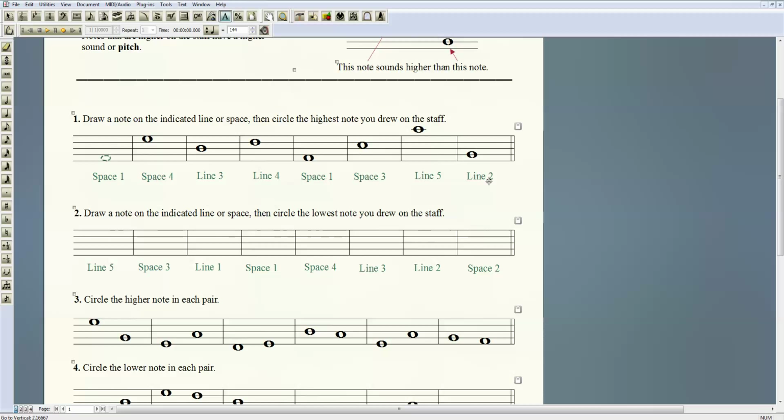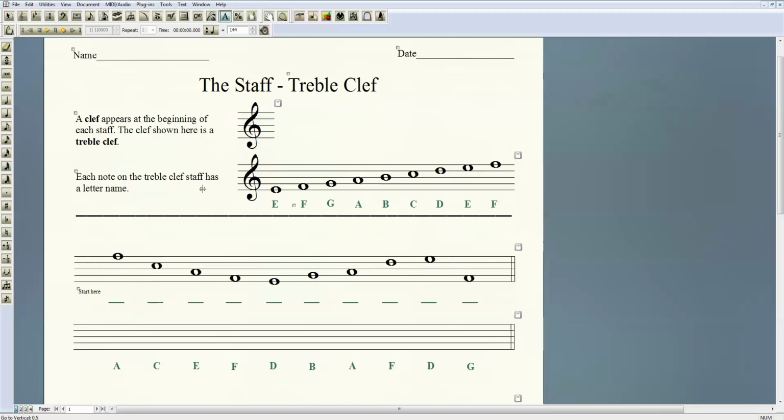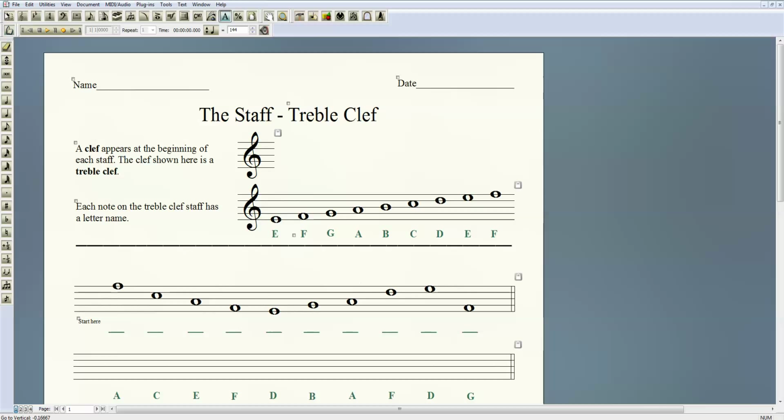So let's put this into a little bit of practice. If we're thinking about this right here, and let's pretend that it had a treble clef, what would be the letter that goes along with this line?